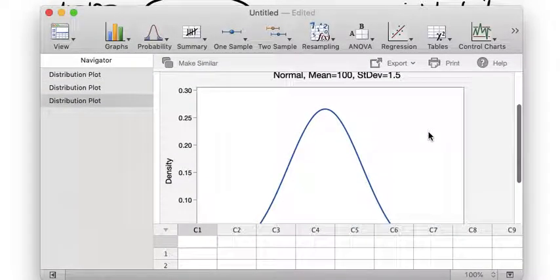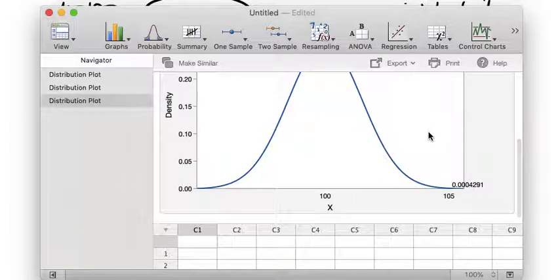Now, this is significantly smaller. This probability is tiny, 0.0004, less than 1% chance that the mean of the group is that much higher than the mean of the population.